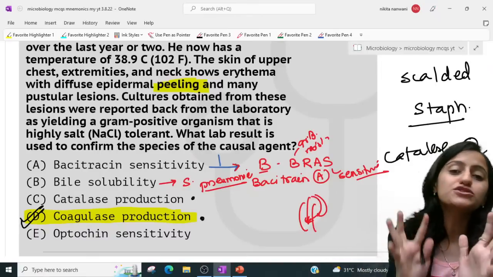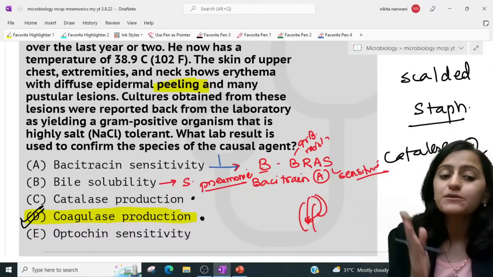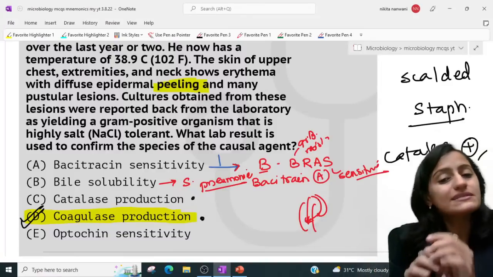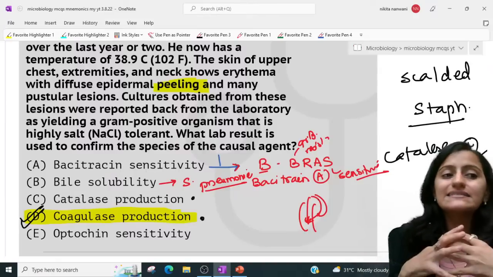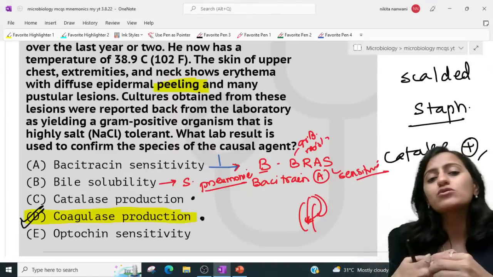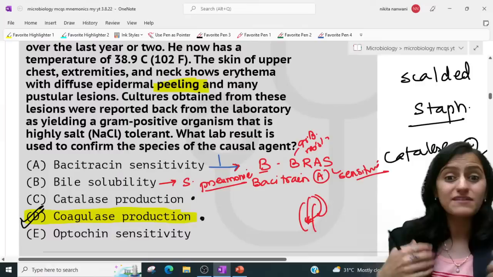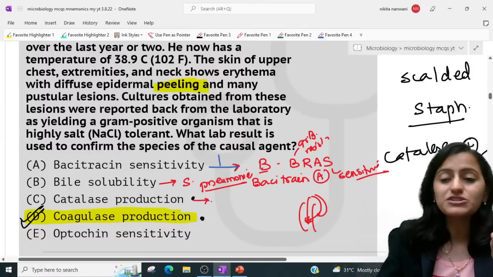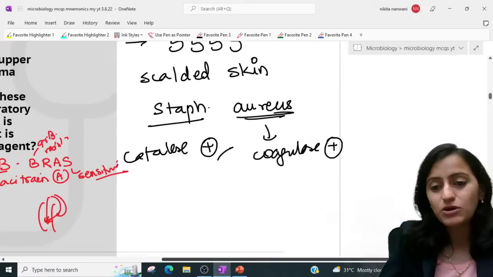That means it is used to the company of bile and will not get dissolved by it. Bile solubility means it cannot tolerate bile and gets dissolved. So remember Streptococcus pneumoniae. Pneumoniae means lungs wala, intestine wala nahi. So that is bile soluble. Catalase production. What is the mnemonic for catalase positive organisms?